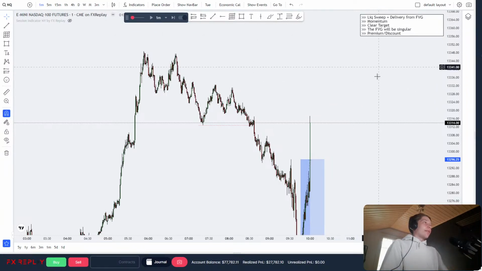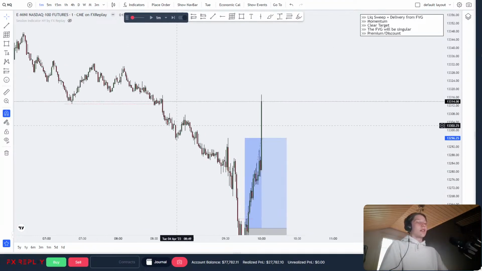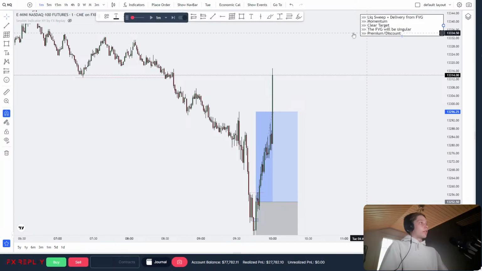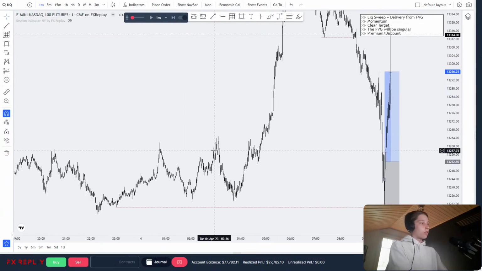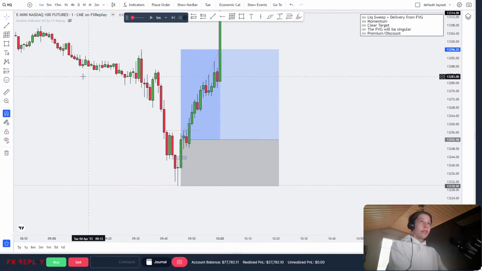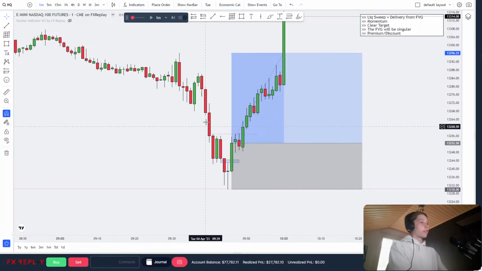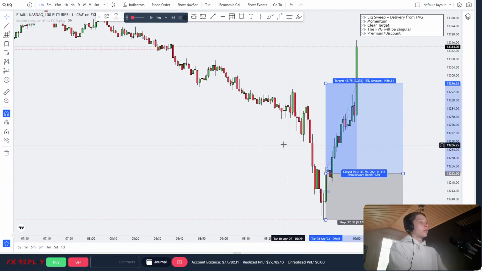But now I've written them down, and I'm actively re-evaluating the setup. When I see one, does it fill all of this? So it didn't. This one did, and so I was comfortable taking that. And you can see how you don't need a break of structure necessarily. You can just go along when you see these kind of things playing out.